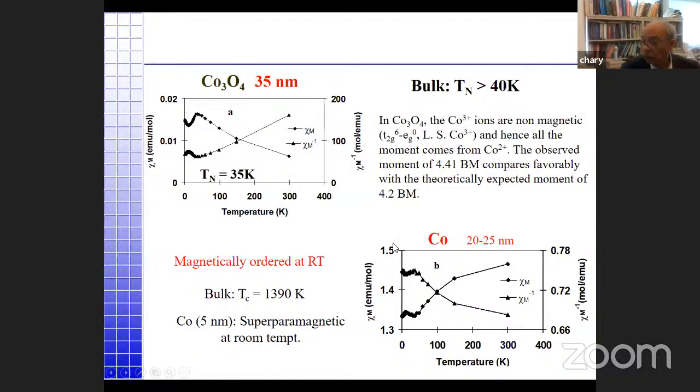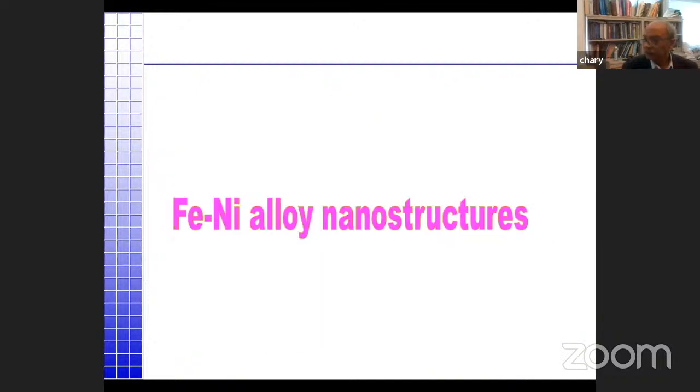So in the bulk, cobalt is one of the strongest ferromagnets known to humans with a transition temperature of about 1400 Kelvin. But when you bring it down to 20 to 25 nanometers, you not only get rid of the ferromagnetic ordering, but you get into what we call a superparamagnetic order, and the magnetization behaves very differently.